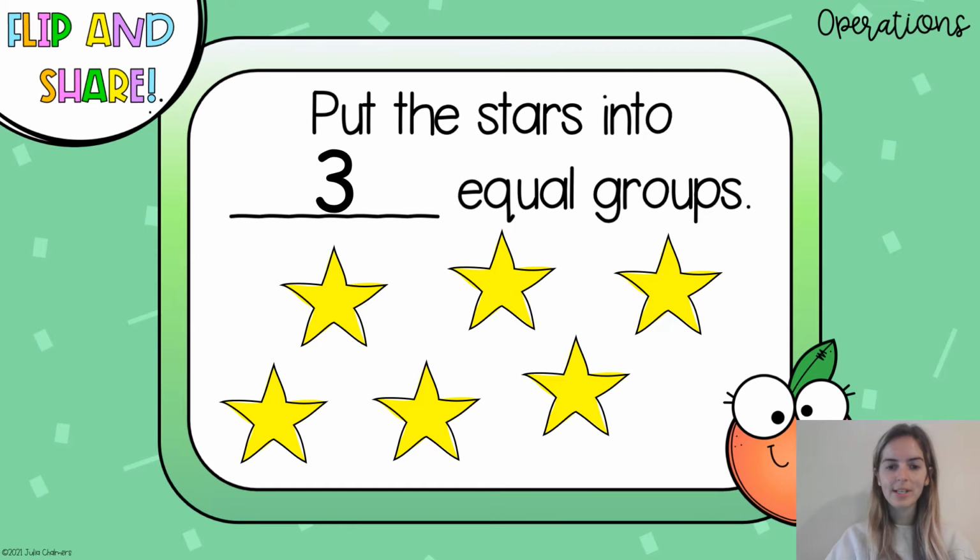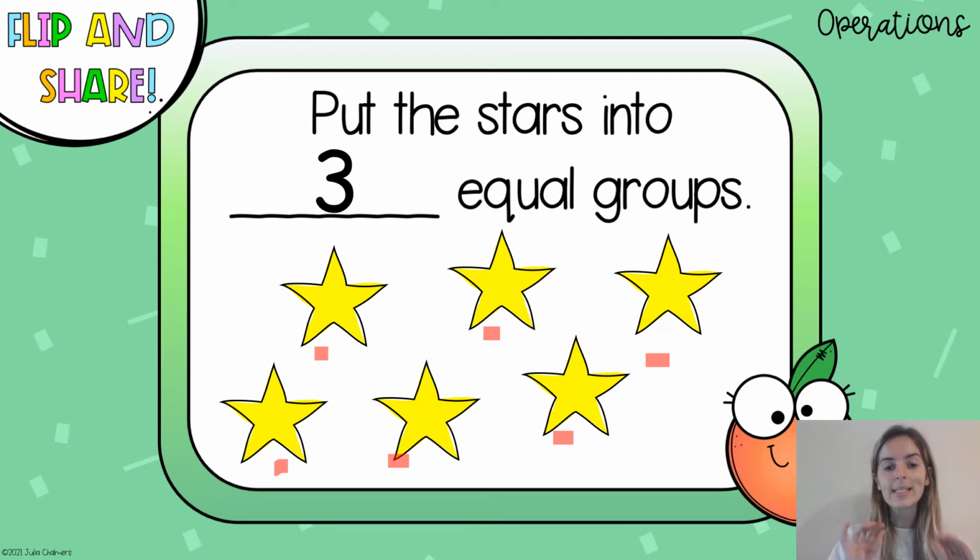So here, boys and girls, we need to put the stars into 3 equal groups. Now let's just count how many stars we have. So we've got 1, 2, 3, 4, 5, 6. So if I have 3 groups and I've got 6 stars, how many stars are going into each group to make sure that they are equal?